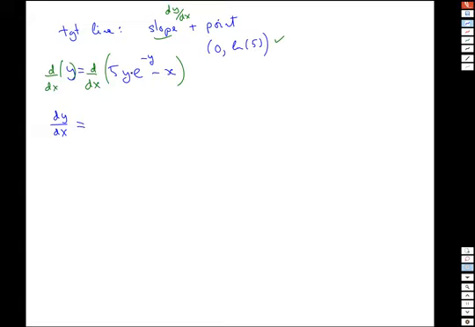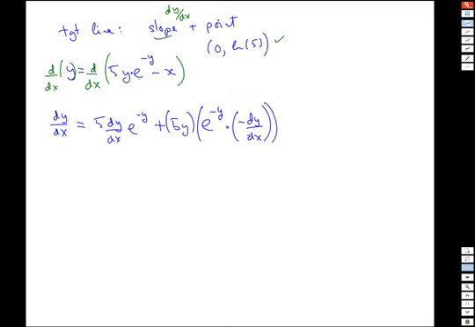And then the right-hand side, you have to be a bit careful. You've got a product rule. So derivative of the first times the second plus the first, 5y, times the derivative of e to the something, which is e to the same thing again, times the derivative of the exponent. We have the negative, and the derivative of the y would be dy dx, close the brackets.